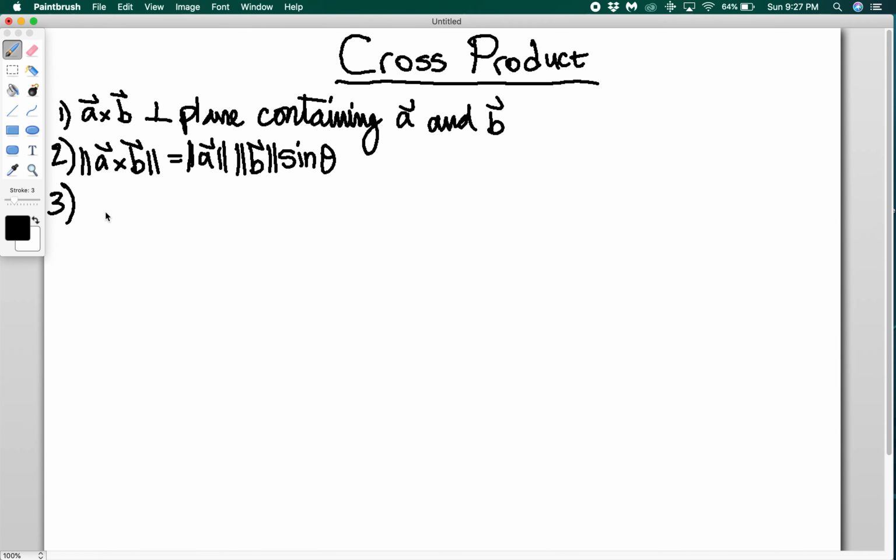And finally, the direction of A cross B is given by the right-hand rule.